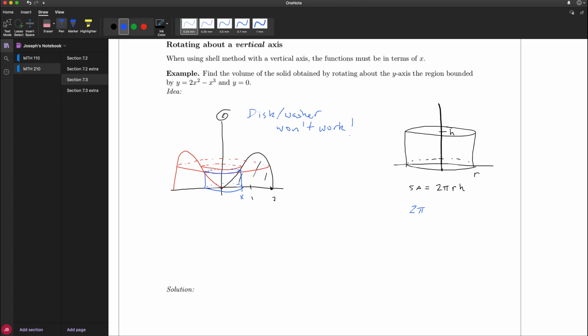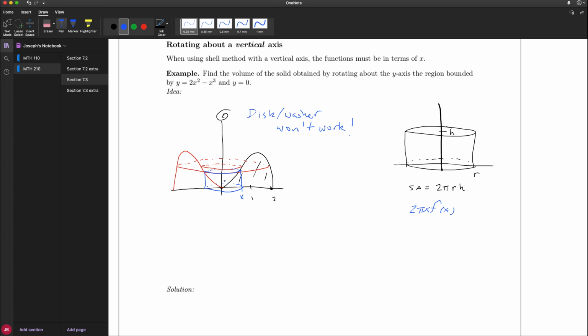The distance from the axis to the point x looks to be just x units, so 2 pi x is my radius, and the height is given by the function itself, f of x. So this is our quote-unquote cross-sectional surface area.